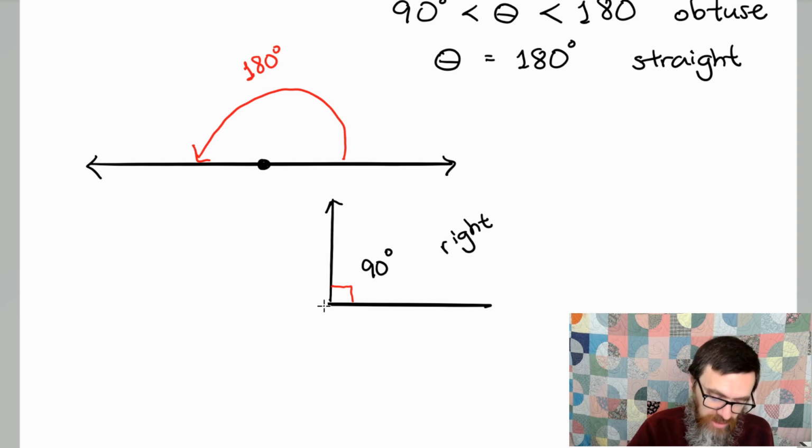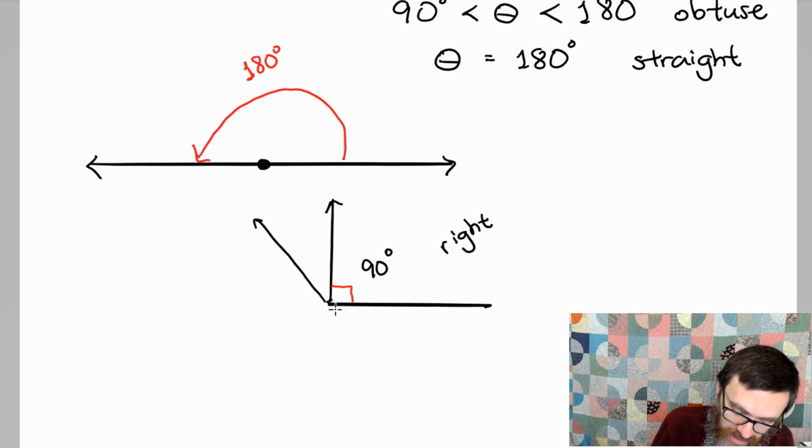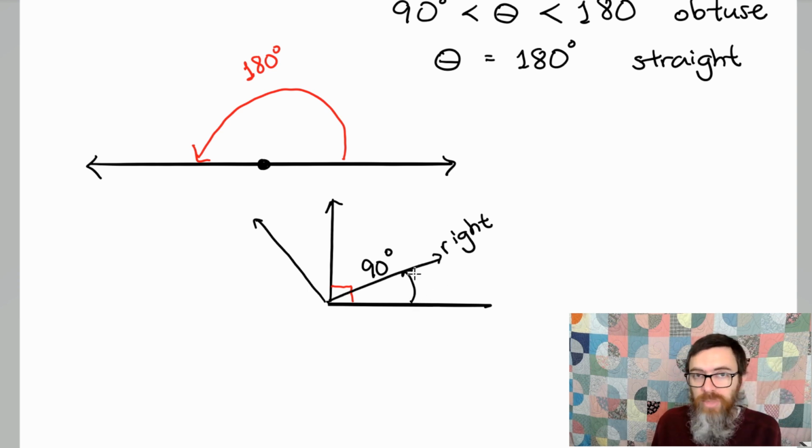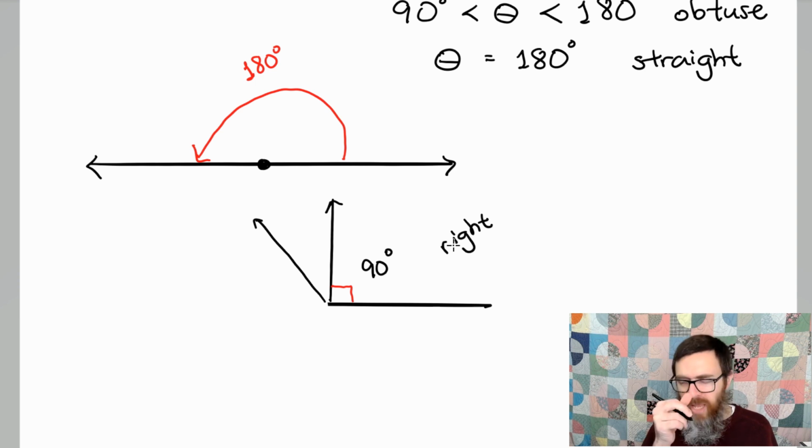So if you have something that is more than that, that's going to be obtuse. If it's less than that, more than 0 but less than 90, then we have something that is going to be acute. So just be aware of this, so that when I say a right angle or something that is acute or obtuse, you know what we're talking about. I think for most of us, it just takes practice getting used to saying those words and knowing what those definitions are, so that when it's brought up in a normal conversation in our trig class, it makes a lot more sense.